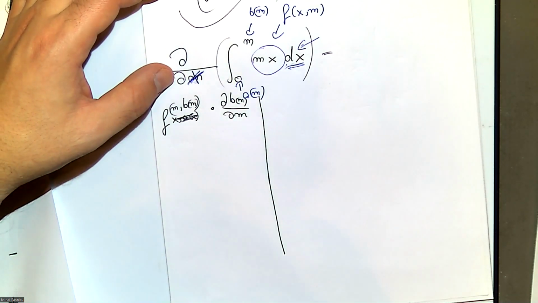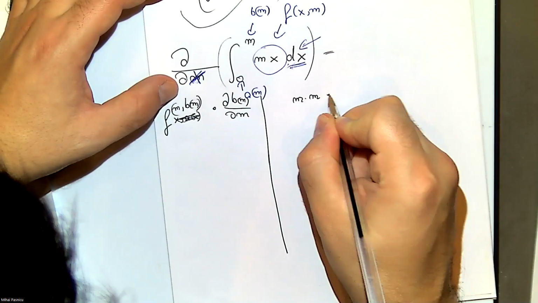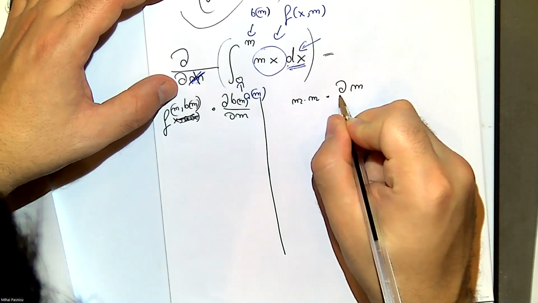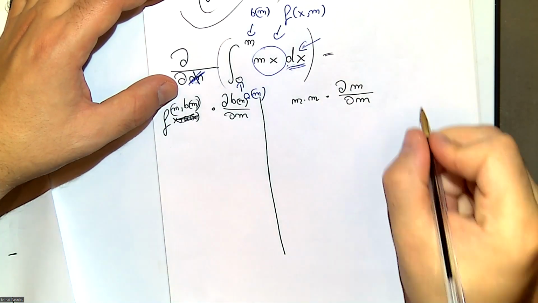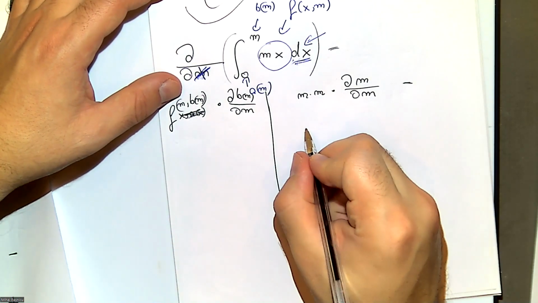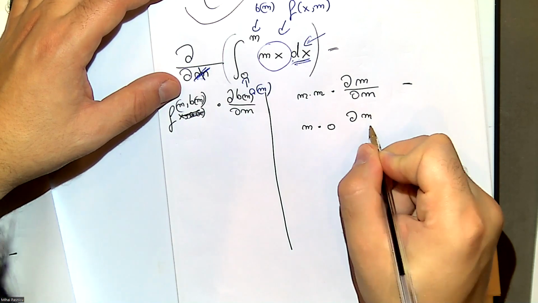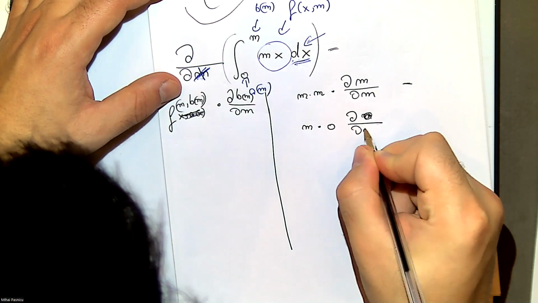And I get, instead of x, I put b of m. So I have m times the derivative of m with respect to m, minus this is just m times 0, the derivative of 0 with respect to m.